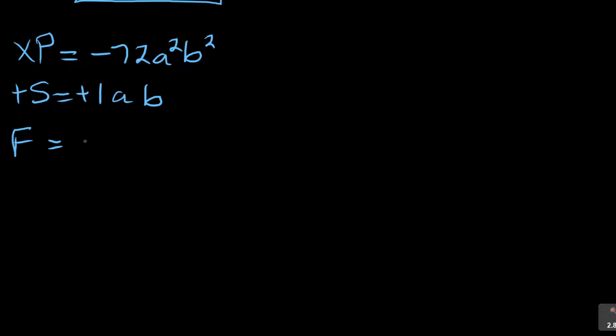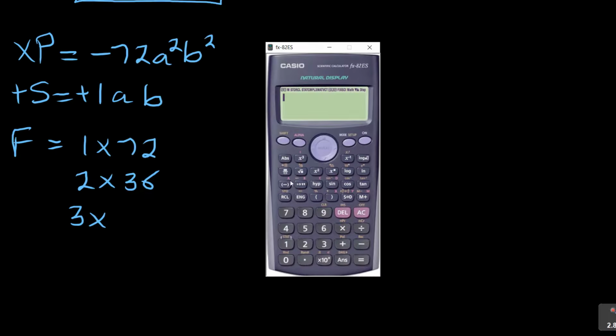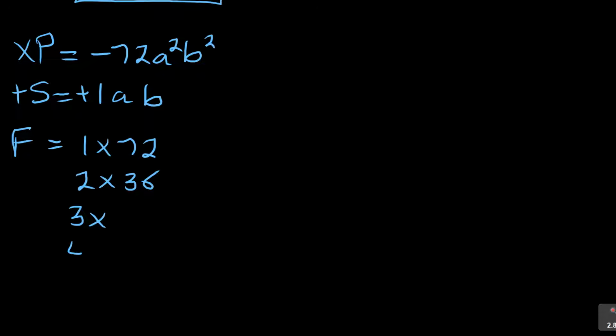Okay, factors of 72: 1 times 72, and then 2 times 36, and then 3 times, 72 divided by 3 is 24. 72 divided by 4 is 18. 72 divided by 6 is 12. Let me do it again.